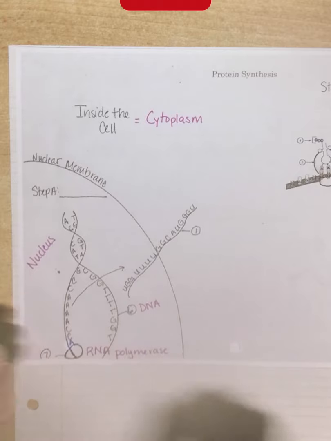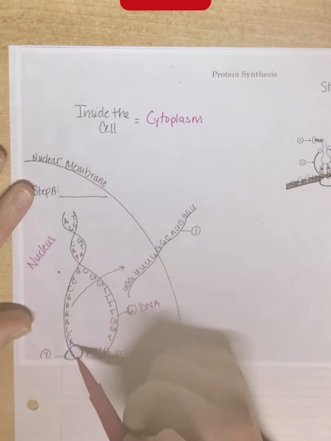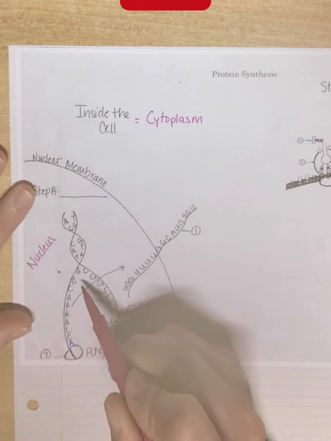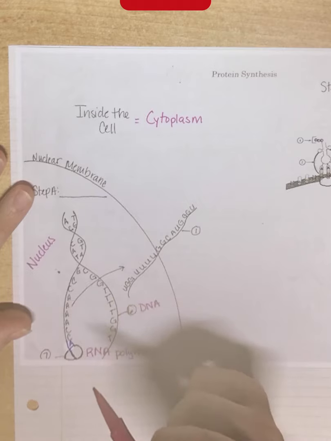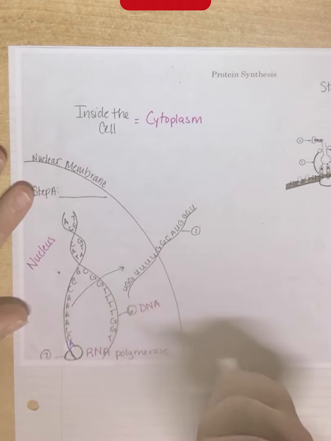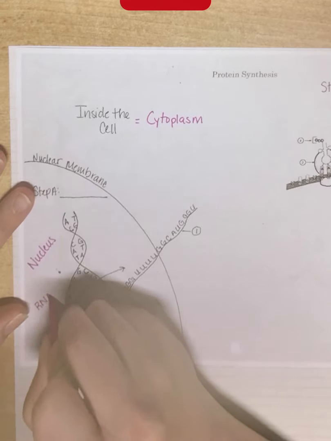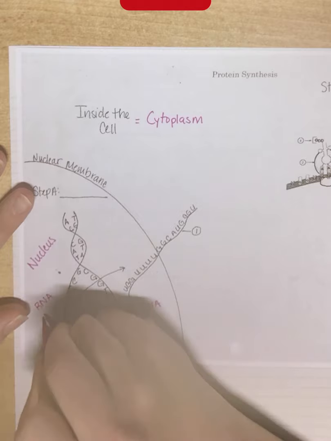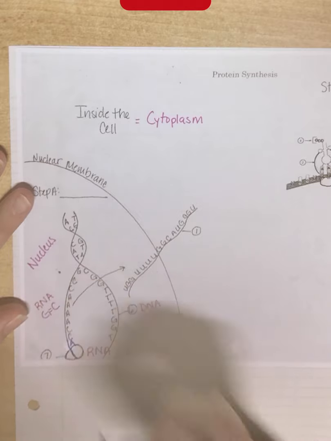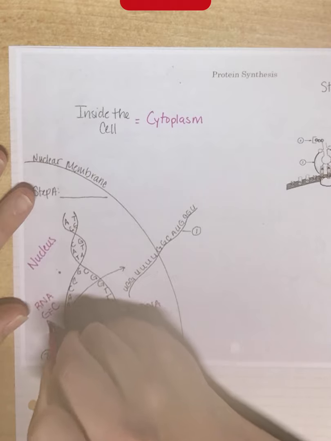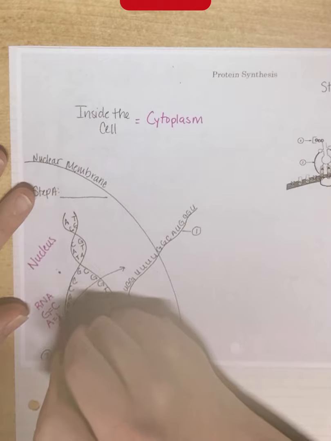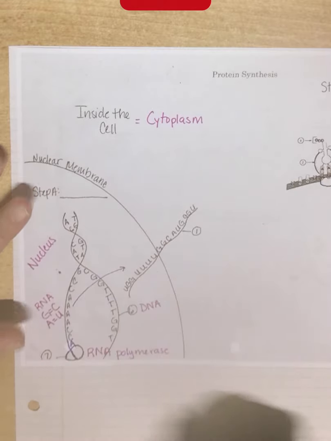The RNA polymerase is going to travel along the gene and it's going to read it one nitrogen base at a time and pair it according to RNA base pairing rules. So again, RNA base pairing rules, we will have G pairing with C, just like it does in DNA. And this time, our adenine base, instead of pairing with thymine, it's going to pair with a uracil base.